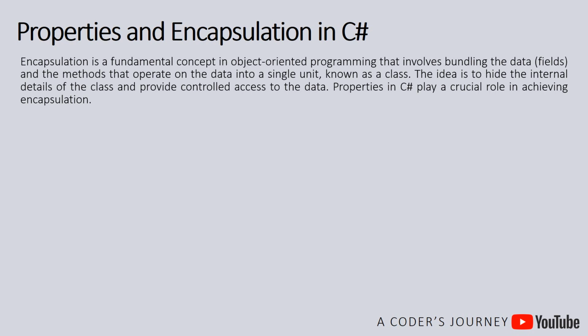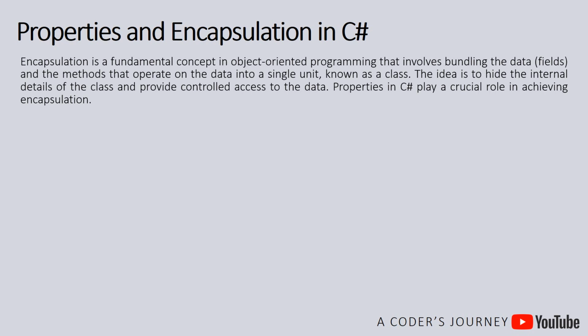Now, the idea behind encapsulation is to protect or hide the internal details of the class and provide controlled access to the data. So you're not going to give out full or uncontrolled access to the consumers of your class, the other programmers or other applications who are going to use your classes.